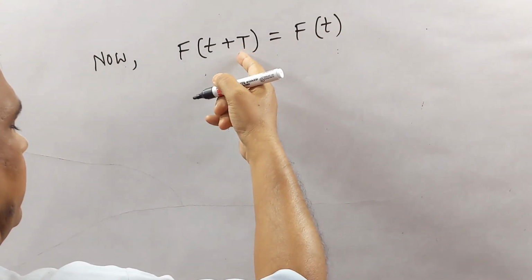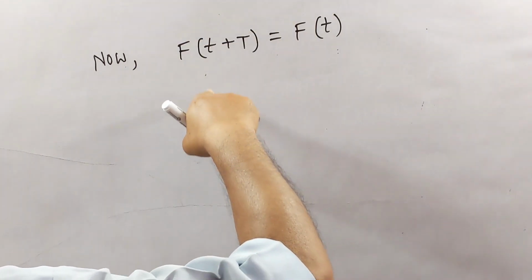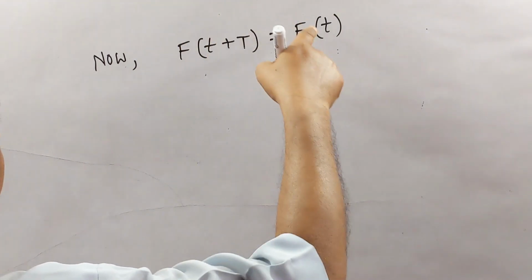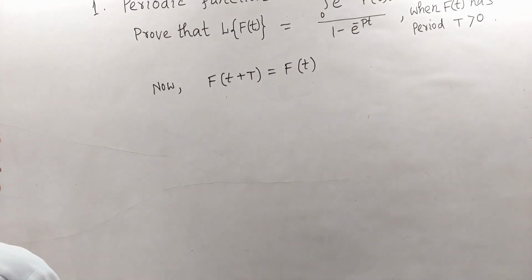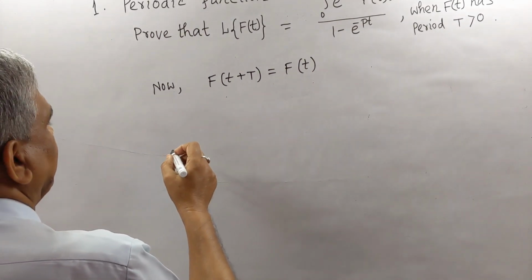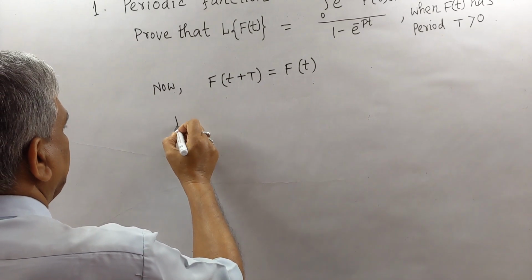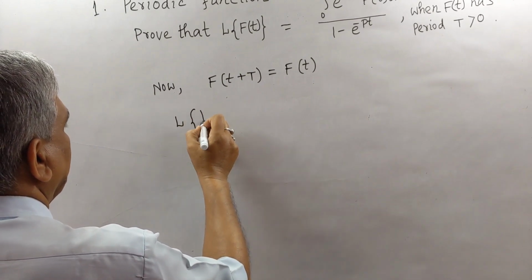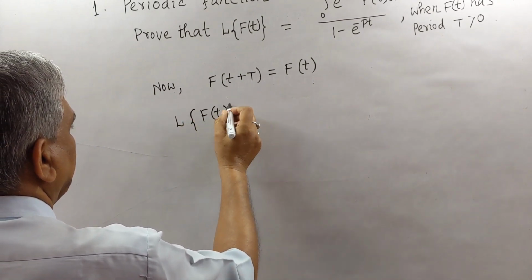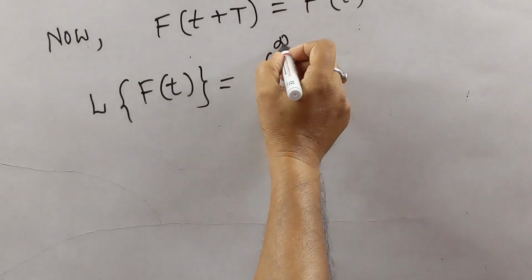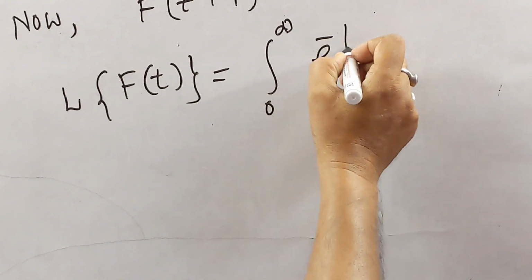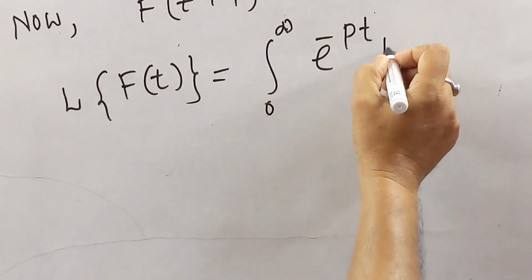After T interval, the function again returns to its original value f(t). Now we find the Laplace transformation of f(t). L of f(t) equals the integral from 0 to infinity of e to the power minus pt f(t) dt.